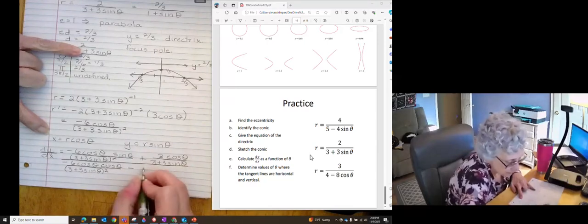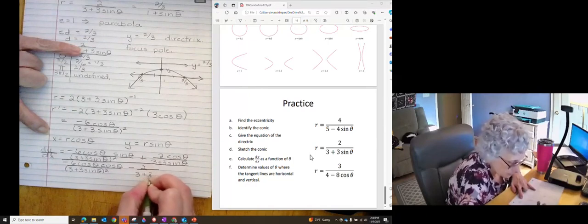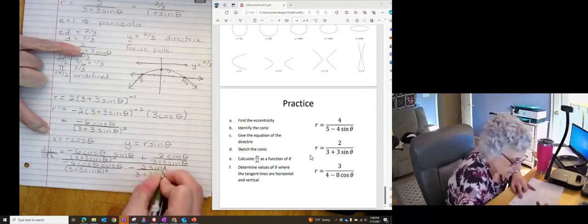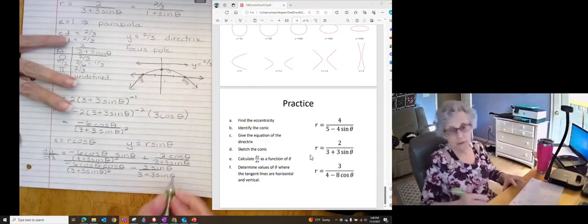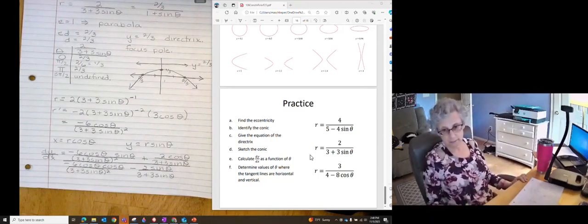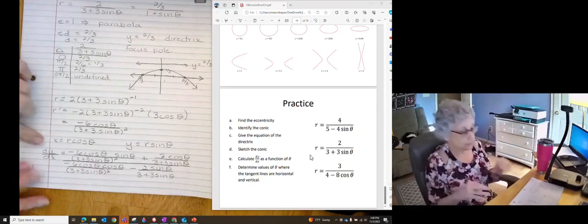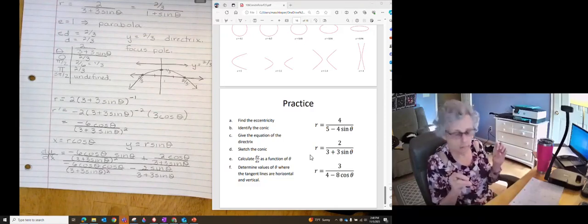Derivative of cosine is minus sine. r is 3 plus 3 sine theta. I put the negative out front, and I have 2 sine over 3 plus 3 sine theta. Leave it. If you're asked this on a test question, you don't need to simplify any of that stuff. You can just leave it.